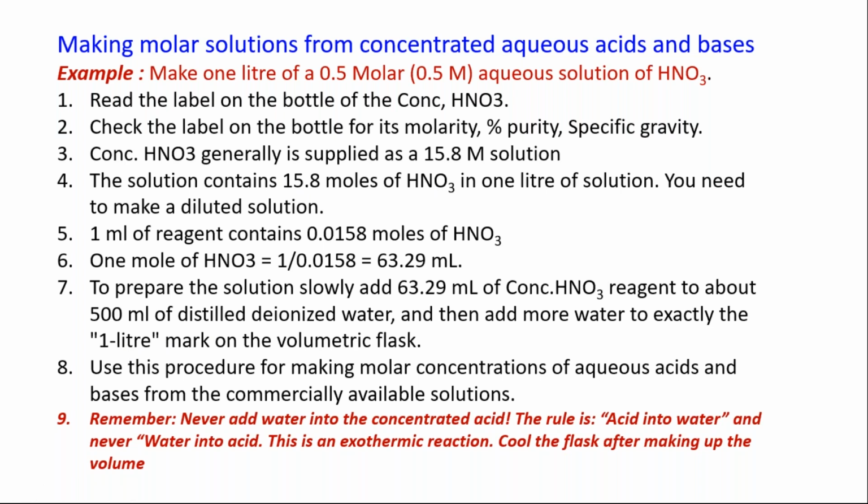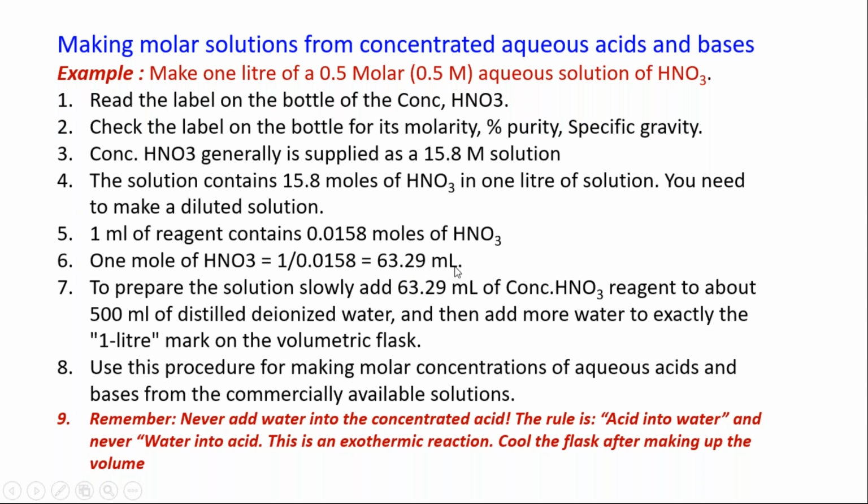So to make a 0.5 molar solution, you would have to dilute this 15.8 molar solution. Now 1 milliliter of this solution contains 0.0158 moles. So 1 mole of nitric acid will be equivalent to 63.29 milliliters.